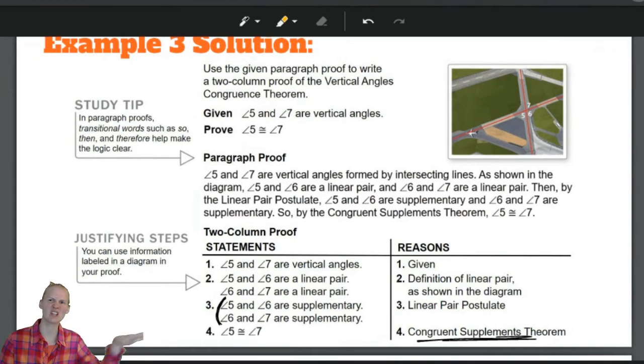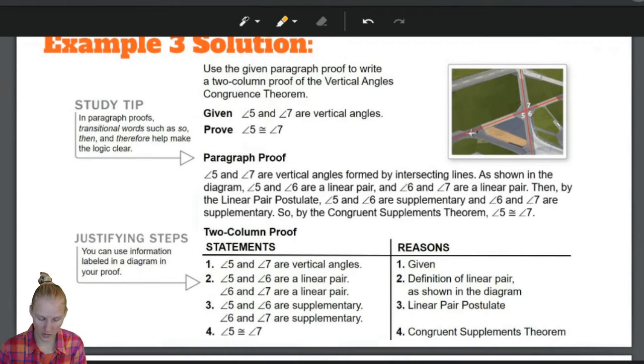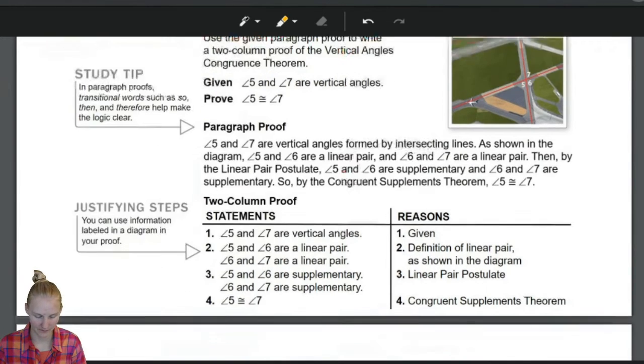So we don't need to redo the proof of the congruent supplements theorem. We can just use it. So all they did was write this instead of the measure of angle 5 plus the measure of angle 6 equals 180. Okay, beautiful. Yeah, definition of linear pair as shown in the diagram. So you can say in the diagram, given, you can say all that.